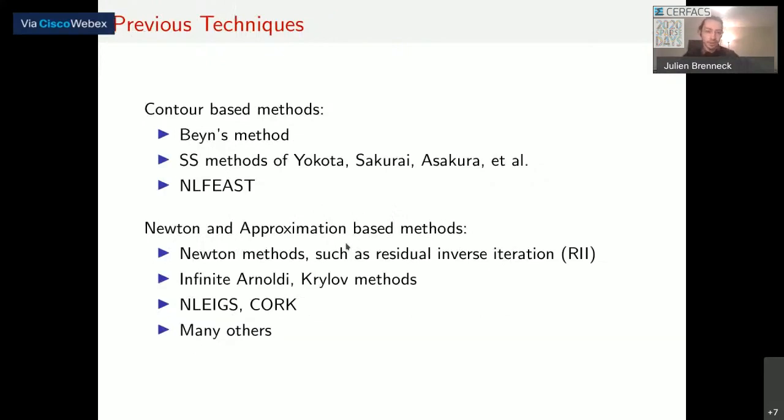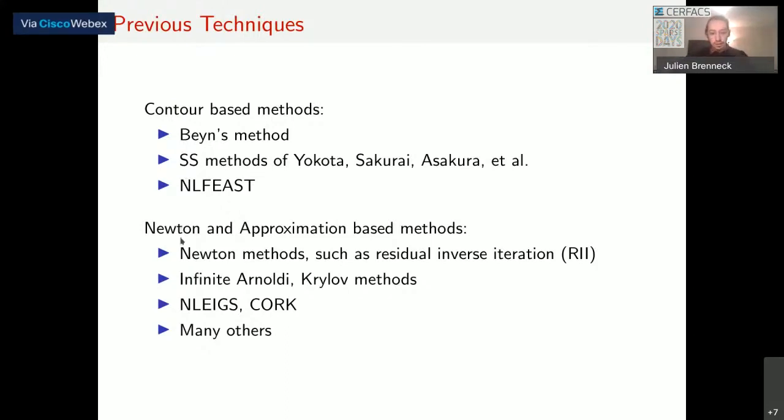So the main previous techniques are roughly categorized into three types. The one I'm talking about mainly is the contour-based methods. Specifically, this is building on the work by Beyn and NLFEAST, which is done by some of my collaborators. And I won't talk so much about the Sakurai methods, but they are conceptually very similar.